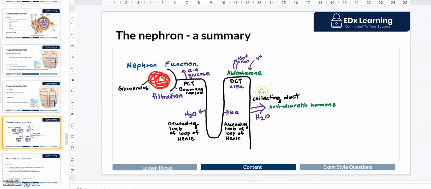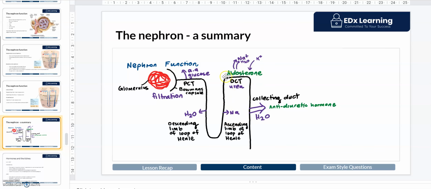And here is a final overview of the key facts we need to know. And this is what often comes up in exam style questions with regards to kidney function. So I've shown here that all amino acids and glucose are reabsorbed. Water is reabsorbed in the descending limb of the loop of Henle. In the ascending limb, it's sodium.